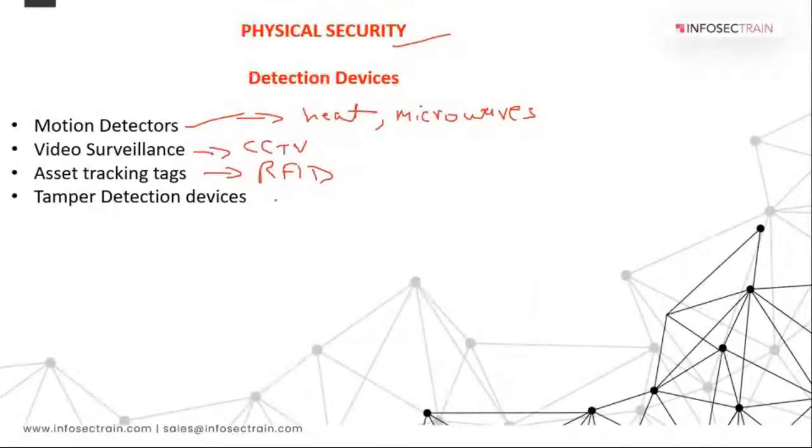Now, tamper detection devices. If I talk about tamper detection devices, so detection devices are fitted into a panel to find out if the device has been opened or not. Right?